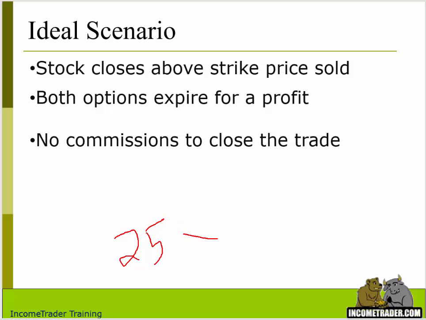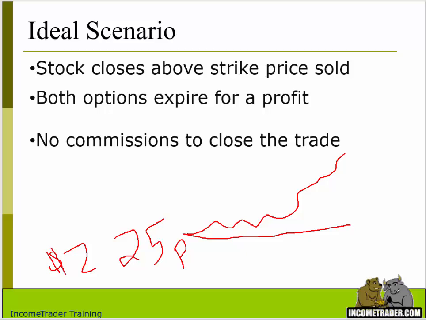I'm allowing someone to put this stock to me if it goes below this particular strike price. So clearly I'd like for the stock to move neutral to possibly even up. That way, whatever I pulled in right through here, this $2 premium, expires completely in my account as my overall profit.